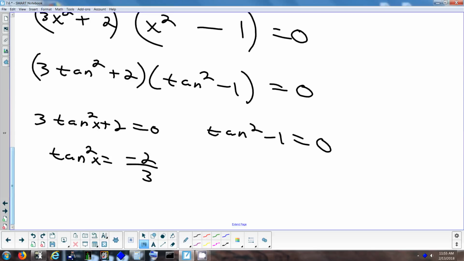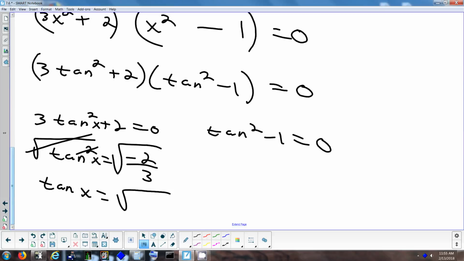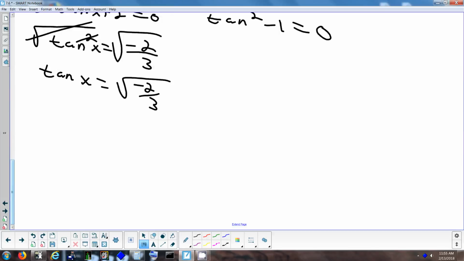I want tan. So how do I get rid of the square? Take the square root. And now, how would you get rid of the tangent? The inverse tangent. But look at what you have before you even do that. Look at the right-hand side.